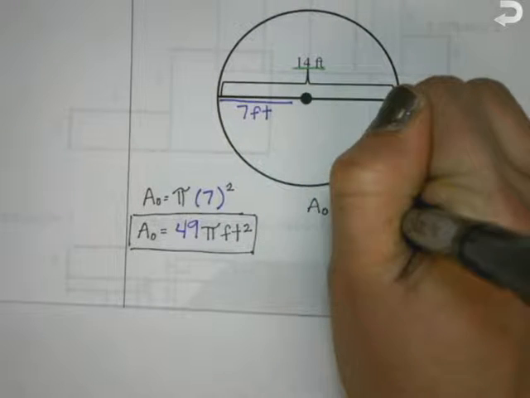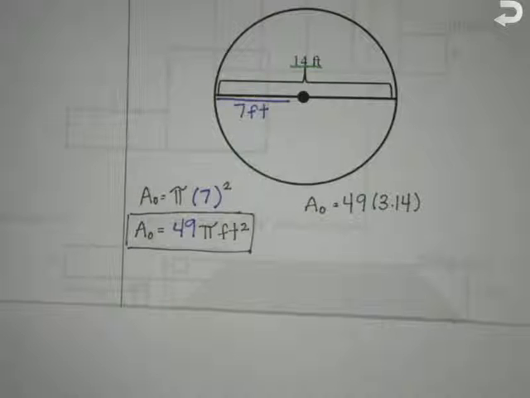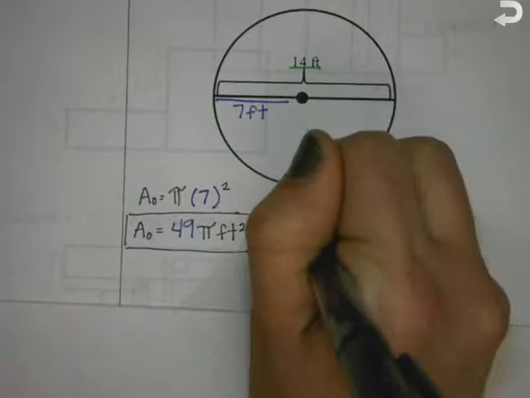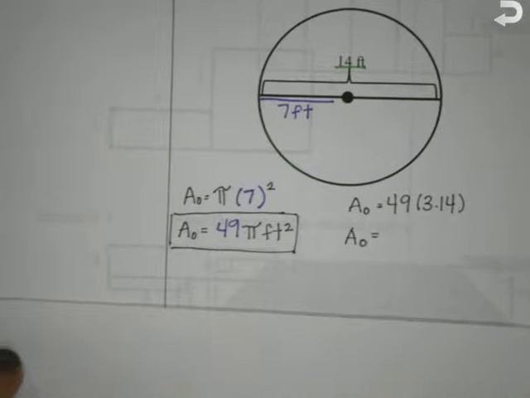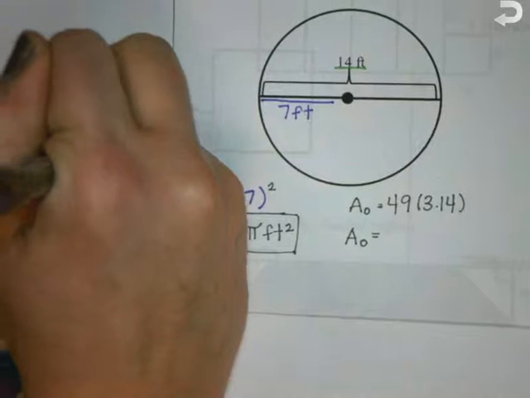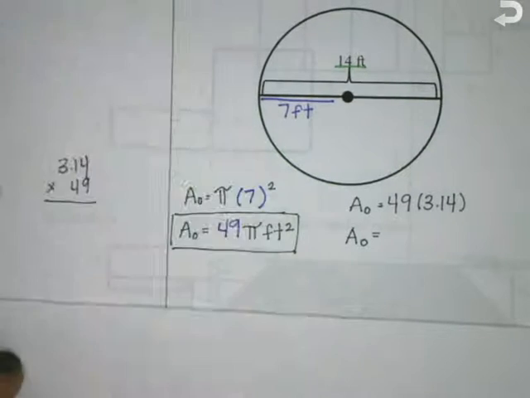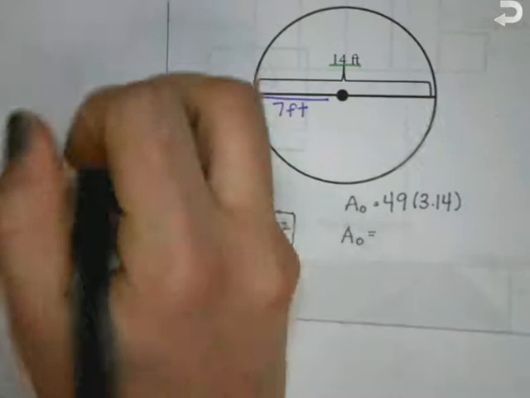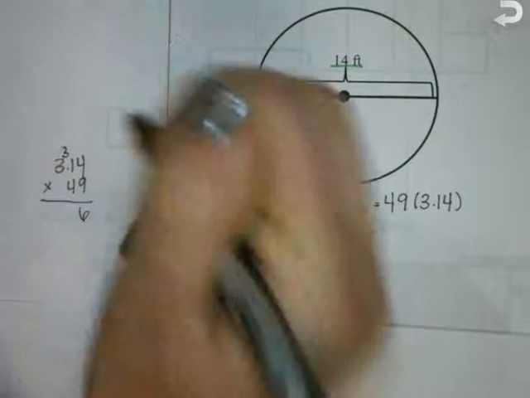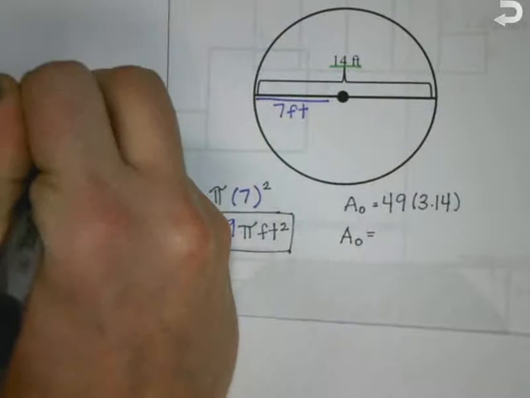Carry the 3. 9 times 1 is 9. Plus 3 is 12. 9 times 3 is 27. Plus 1 is 28. Placeholder. 4 times 4 is 16. Carry the 1. 4 times 1 is 4, plus 1 is 5. And 4 times 3 is 12.